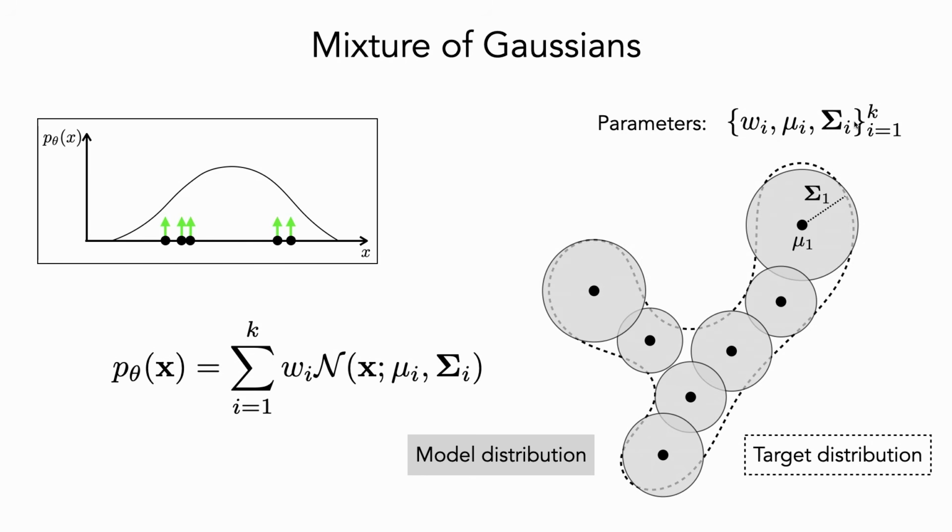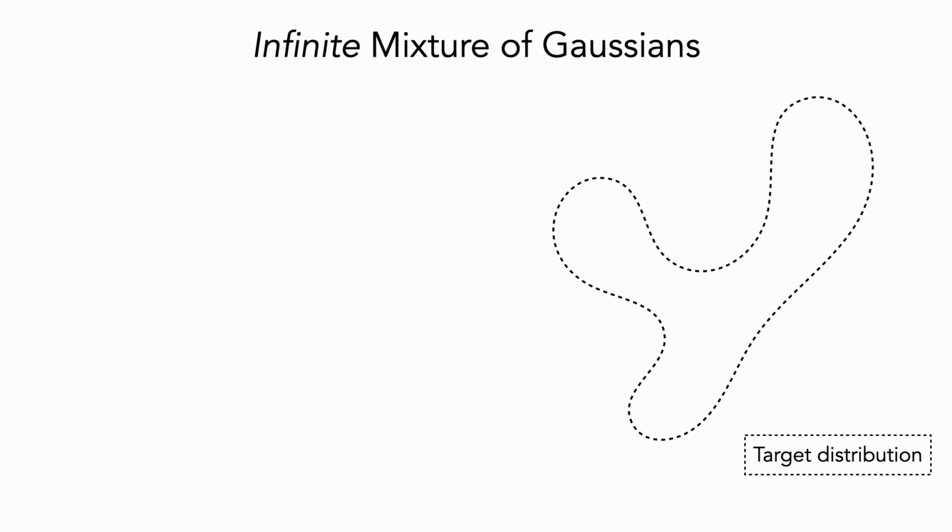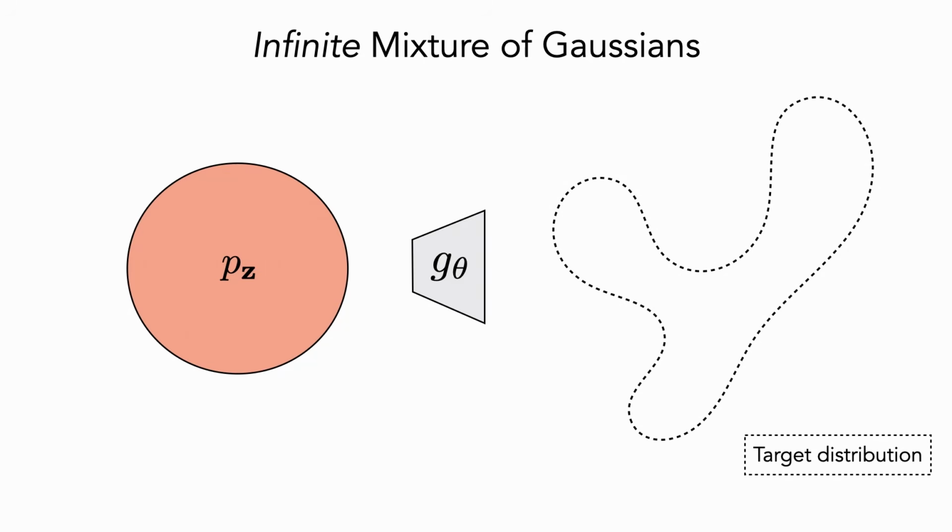So clearly that explicit parameterization of infinite mixture components is not going to work. There's a really cool trick for parameterizing an infinite mixture with a finite number of parameters, and that is to parameterize that infinite mixture as a mapping from some underlying base continuous distribution to mixture components via a function g that has a finite set of parameters.